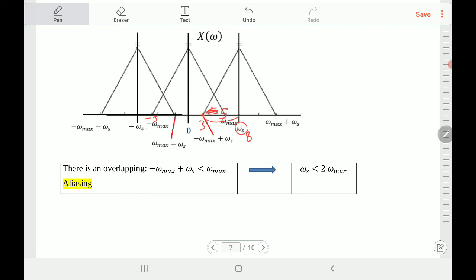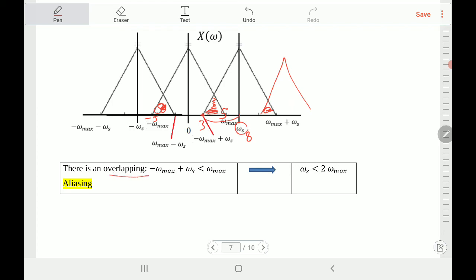Obviously, there is overlap here. And if I continue to sketch everything, you will find overlap. What does it mean, overlap? It means here some signals with different frequencies are mixed. If you reconstruct back the signal, you will not get the same thing. And that's the problem of overlapping, or aliasing.